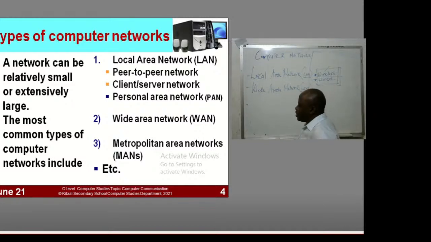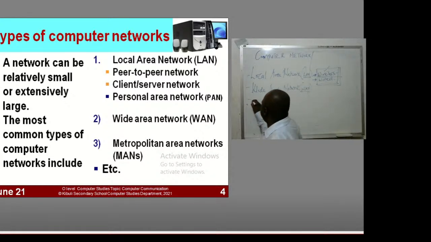We have asked you about networks, then you give WAN. It's not supposed to be that. It's supposed to be wide area network. Then the other one, which is as big, is the metropolitan area network, which we call MAN. I've said abbreviations don't come in.